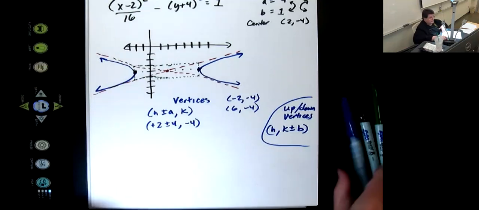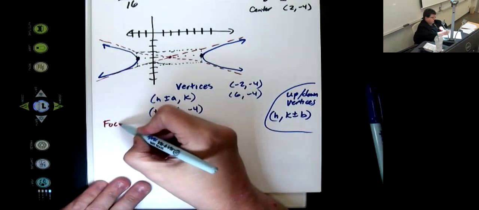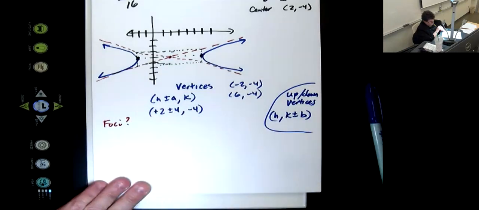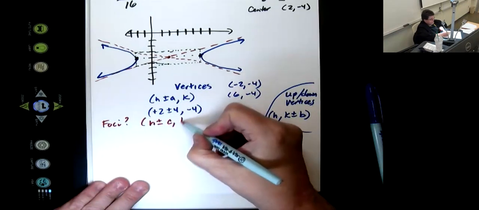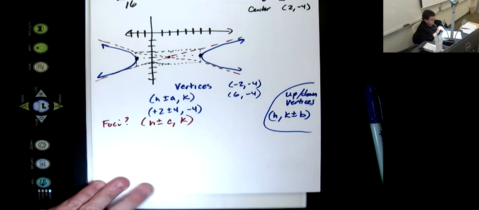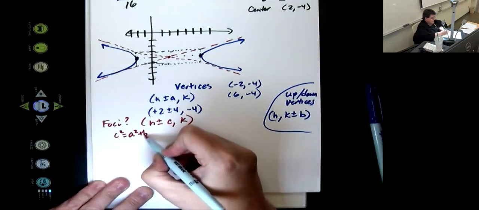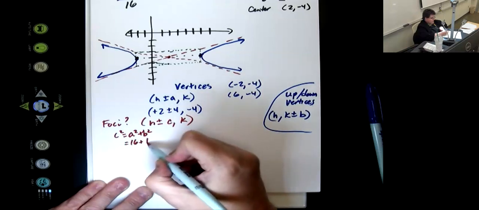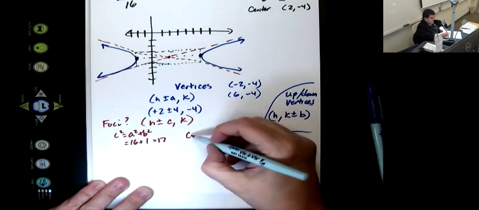Where are the foci? You set it the same way, but you're doing h plus or minus c. So what is c here? c squared is a squared plus b squared. 16 plus 1 is 17, so c is the square root of 17.